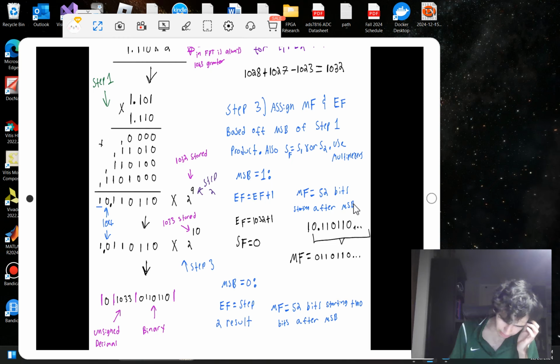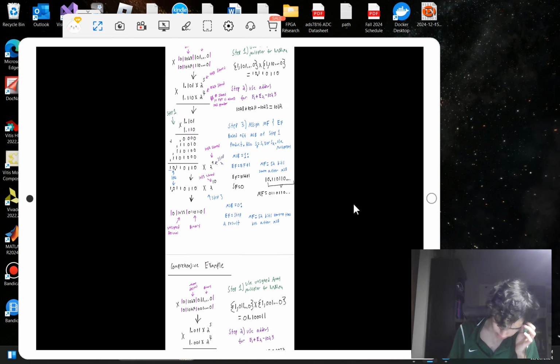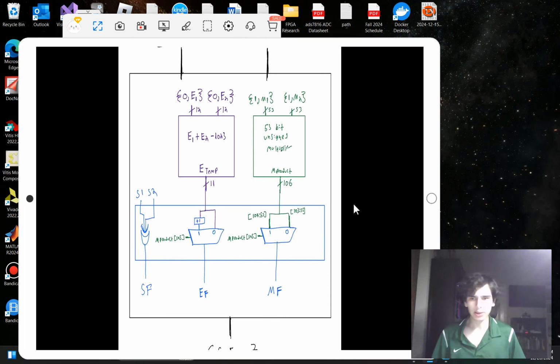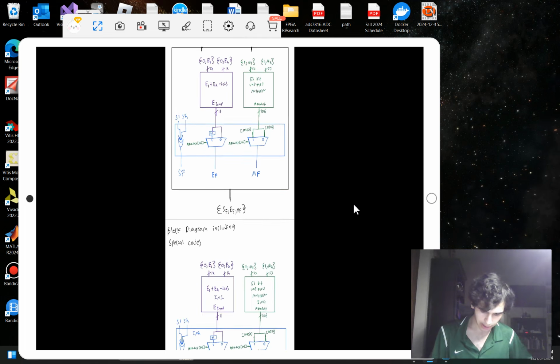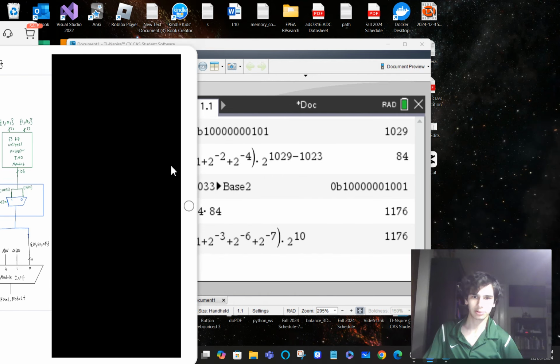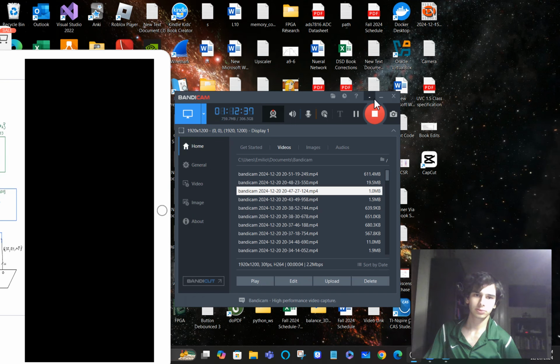And then the most significant bit is 105. So that is the entire block diagram for that, and that gets fed into this. There you go. Now that you all understand the theory behind that, it's time to go into the circuit that implements it all.